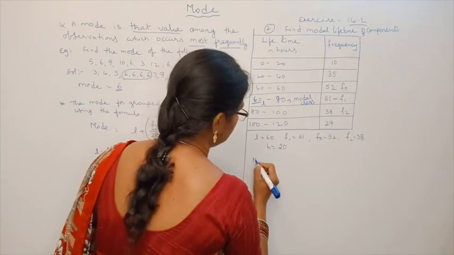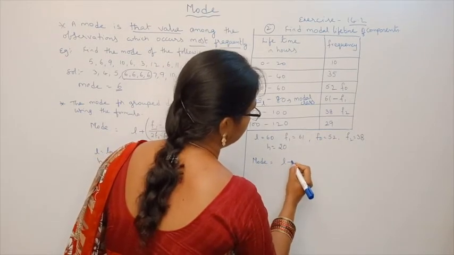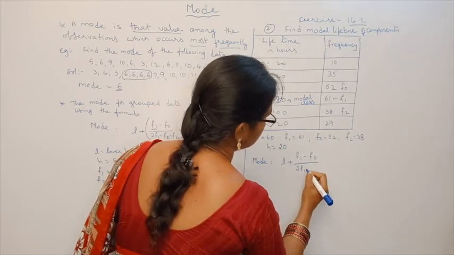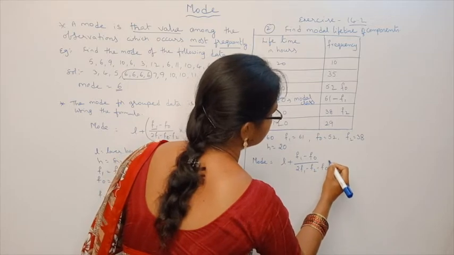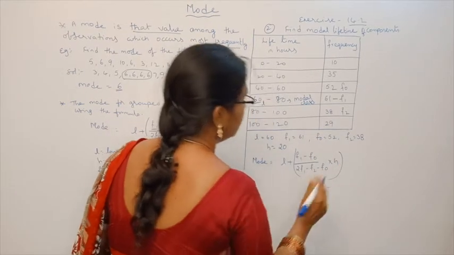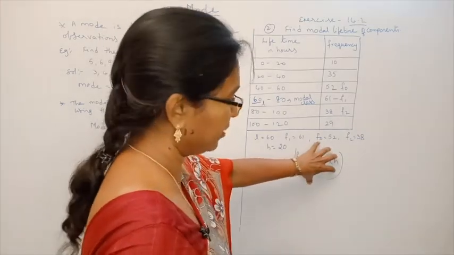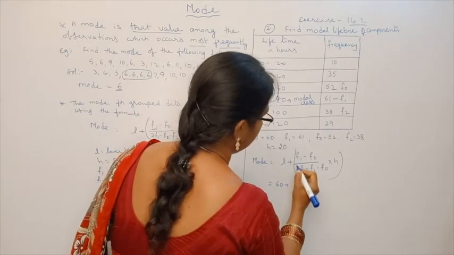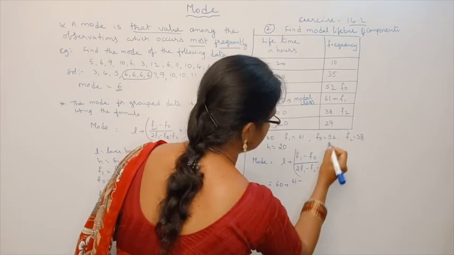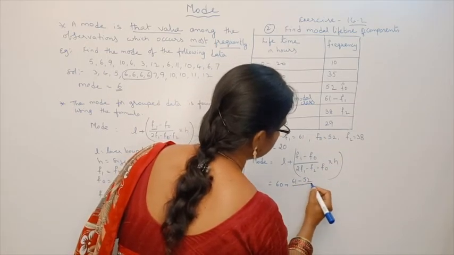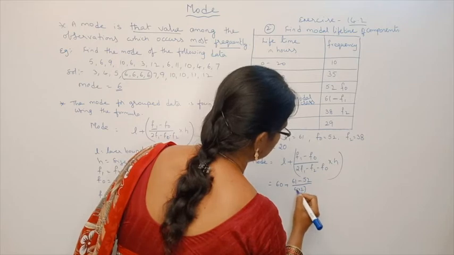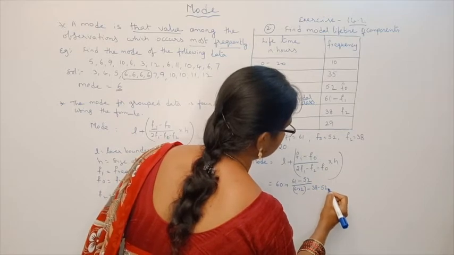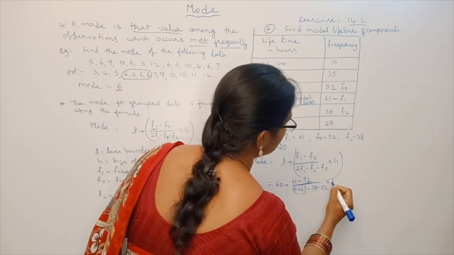Now what is the formula? Mode is equal to L plus (F1 minus F0) by (2F1 minus F2 minus F0) into H. First we do the bracket simplification, then add it to L. Now 60 plus (61 minus 52) by (61 into 2 minus 38 minus 52) into 20.